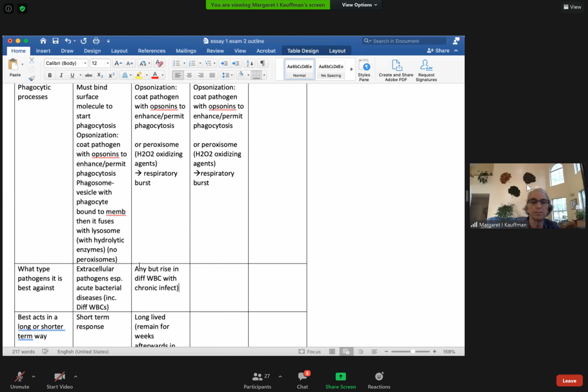So the book gives examples like tuberculosis as an example of a chronic infection, which you have at a low level. So do people get the terms? If you don't understand the terms chronic and acute, can you put that in chat, and I'll go more into what those two situations are.